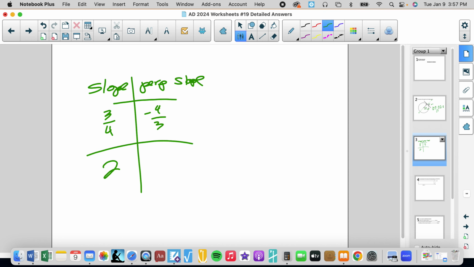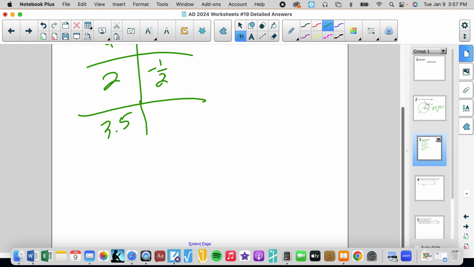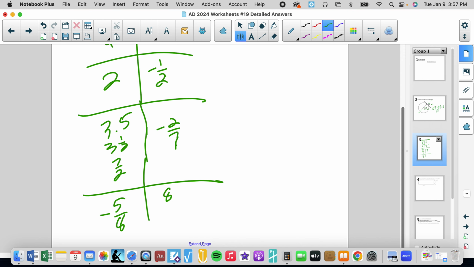If we have the slope of 2, it's going to be negative 1/2. If we have a slope of 3.5, that's the tricky one. 3.5 is 3 1/2, which is 7/2, so it'd be negative 2/7. If you have a slope of negative 5/8, the slope perpendicular to that is going to be positive 8/5. We're cool with that? Good.